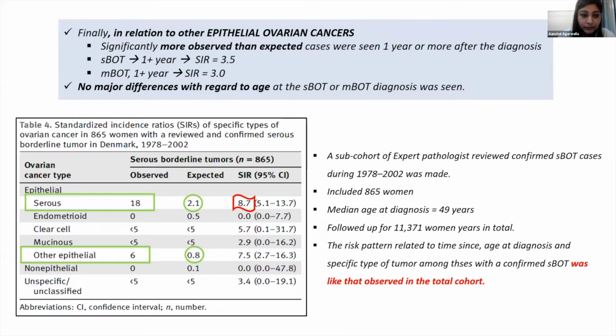So this table also summarizes the same, that it showed an 8.7 times increased relative risk of developing serous ovarian cancer following a serous borderline tumor, which was much higher than that expected in the general population.